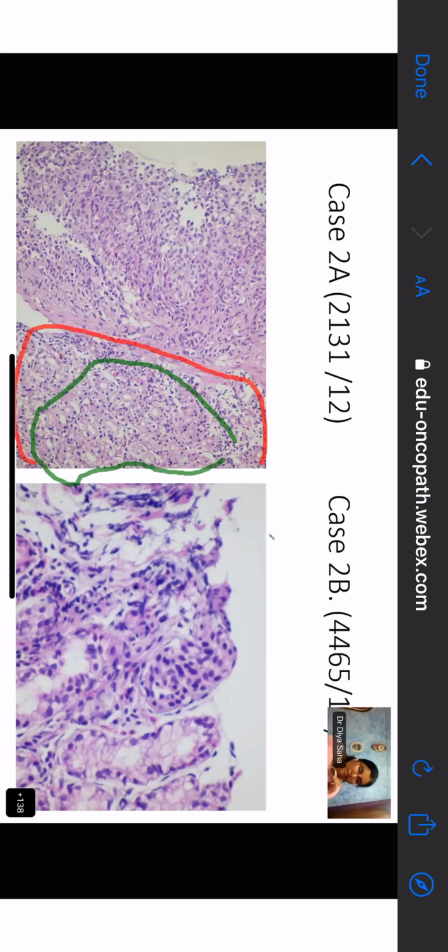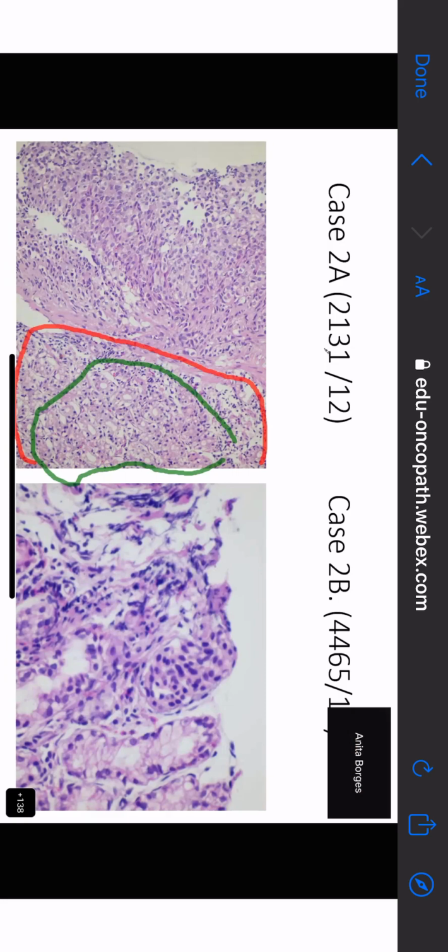Absolutely right. You are seeing the deepest portion of that gastric body mucosa. Then you have the lamina propria, which is going to separate the gastric body mucosa from what?